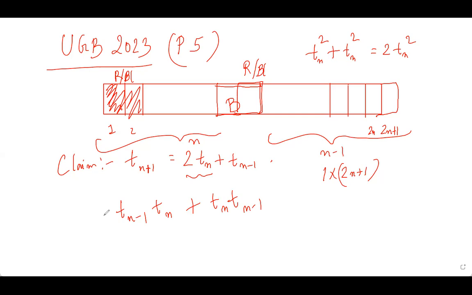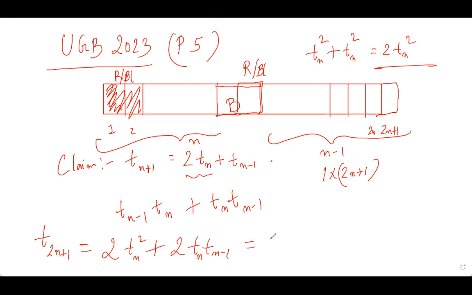So now I've covered all the cases for T2n plus 1. T2n plus 1 is nothing but 2Tn squared plus 2Tn times Tn minus 1. Now remember, we have also proved that Tn plus 1 is some this, so we are going to use that.